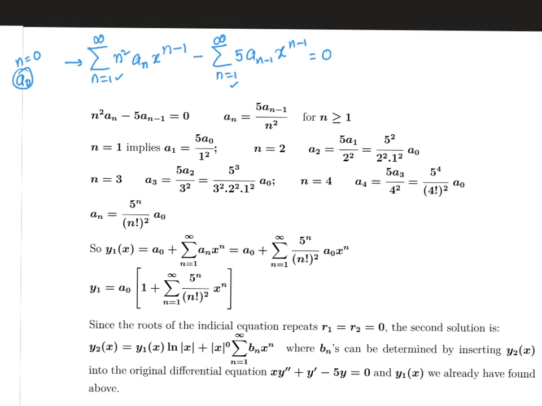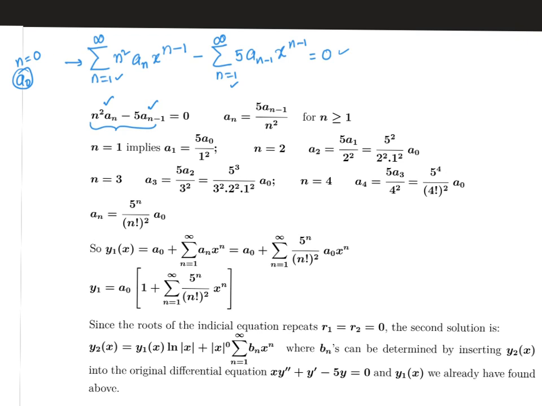So on the left side, you have n square a sub n minus 5 times a sub n minus 1. For x to the power n minus 1, that is going to be the coefficient on the left. Now, on the right-hand side, you have only 0, so the coefficient must be 0.